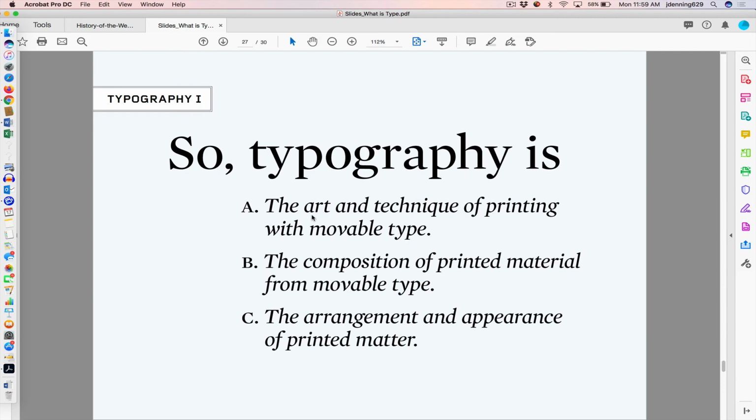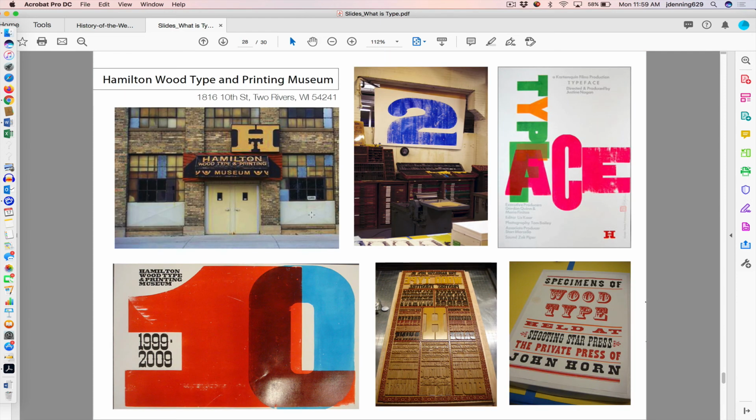So that can be our formal definition for the class. There's a great wood type and printing museum called the Hamilton Wood Type and Printing Museum. So if you ever are in Wisconsin and you have time, go see it. There's some really beautiful examples of typographic design in there, and also of these amazing prints done on a letterpress.